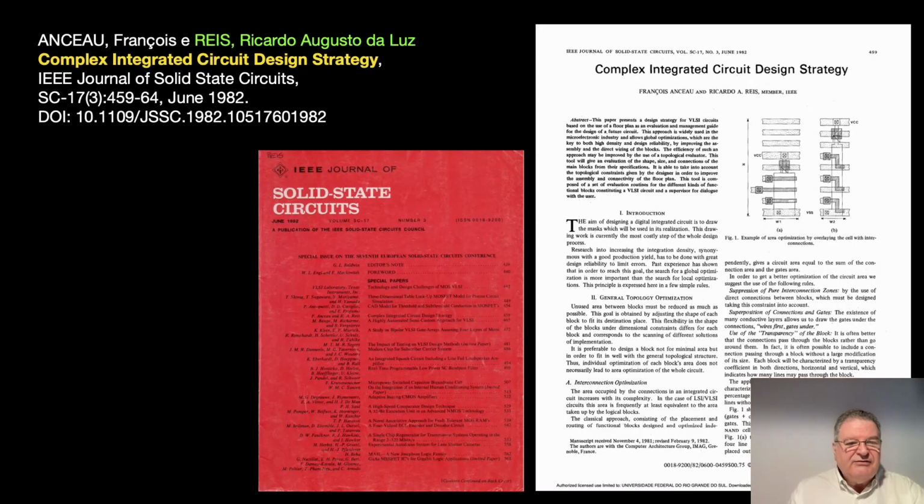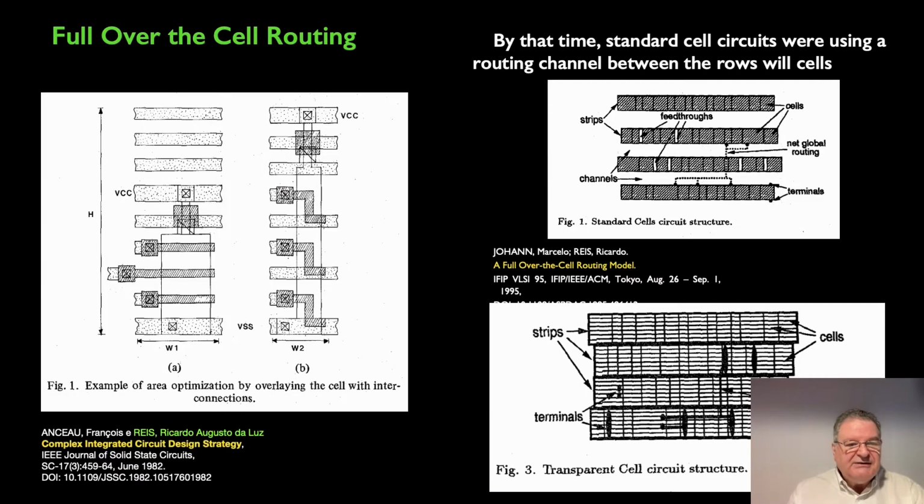Then we did a first publication during my PhD. My advisor was Professor François Anceau, and you can see here a paper published in '82 in the Journal of Solid State Circuits. The first figure you can see here proposed doing the routing over the cells, a full over-the-cell routing, even using one metal layer, which was the technology available at that time.